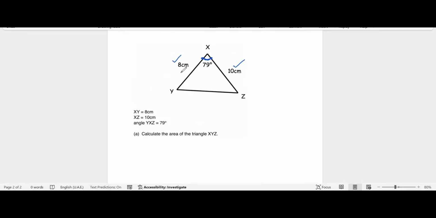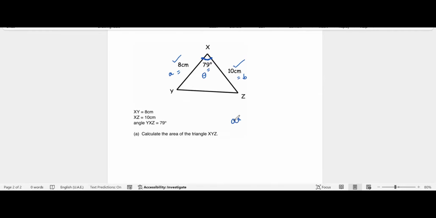So let's directly substitute in the formula. Let's take any one of them as A. The other one will be B. You can take A as 8, B as 10, or A as 10, B as 8. It will give you the same answer. And now theta, you take theta as 79.